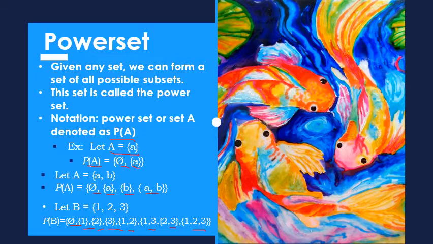Also take note of the number of elements in your power set. For set A, we have only one element. Take note of the formula 2 raised to the power of n, where n is the number of elements.